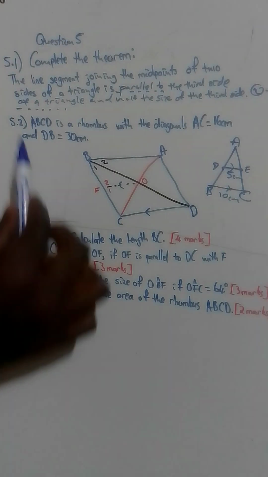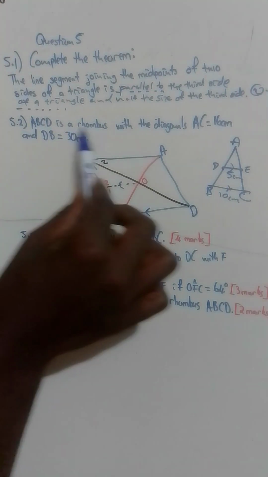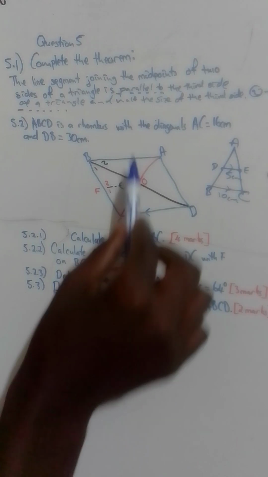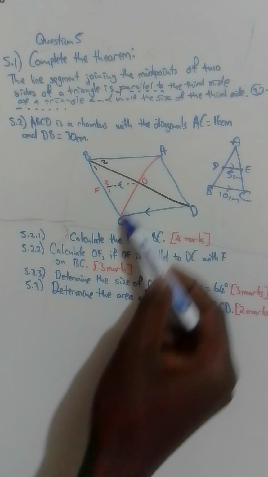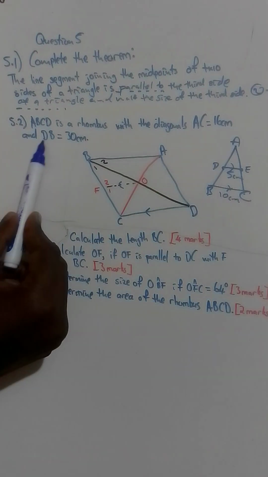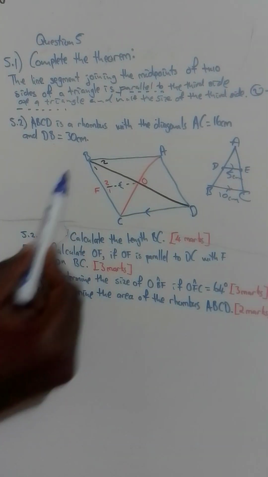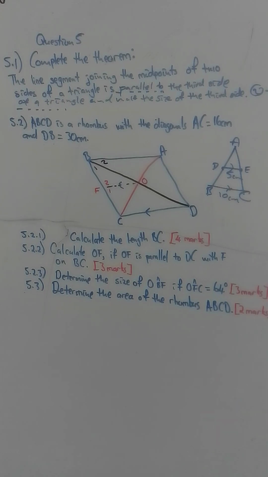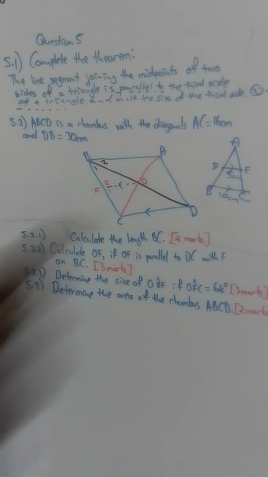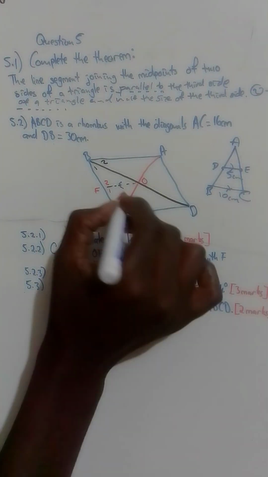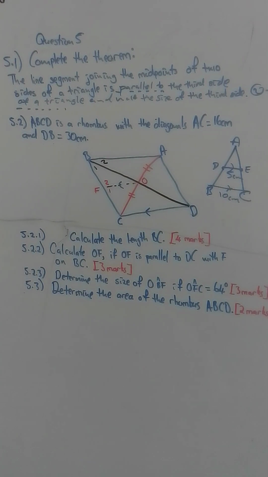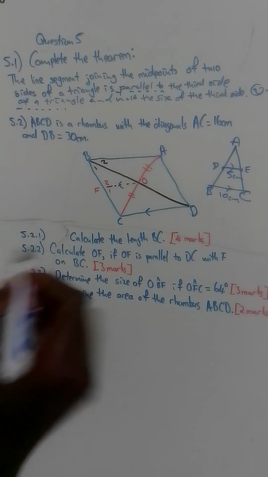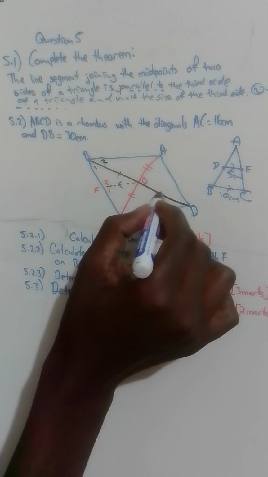All right. We go to 5.2, whereby they say ABCD is a rhombus with the diagonals AC equals 16. So diagonal AC is equal to 16, and diagonal DB is equal to 30 centimeters. And what do we know from our rhombus? When it has diagonal lines meeting at point O, this side is equal to that side, and line BD, this side, is equal to that side.